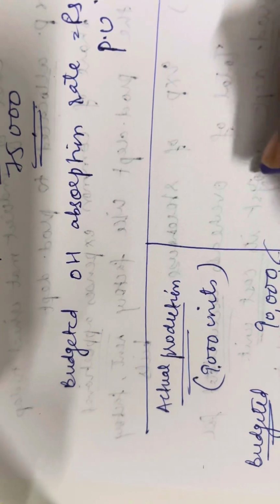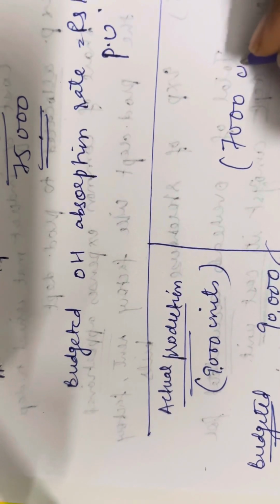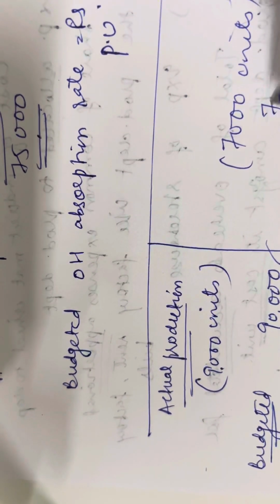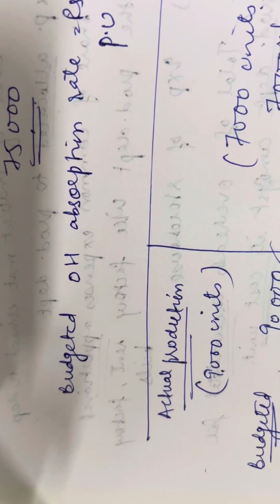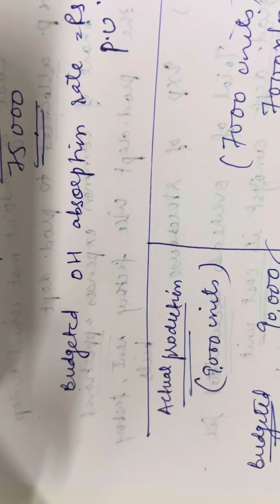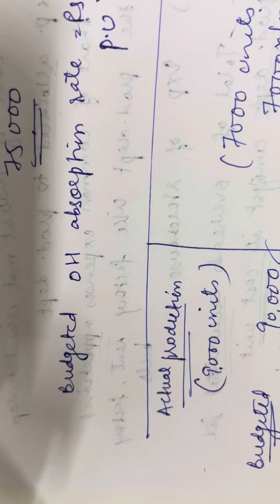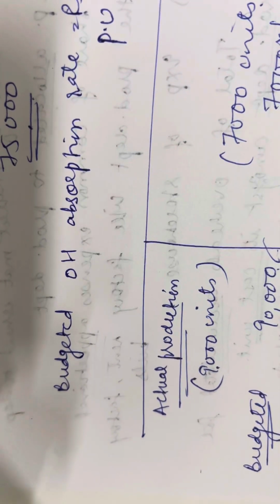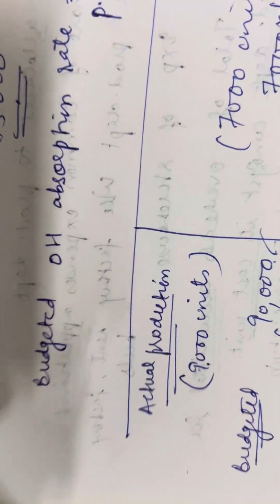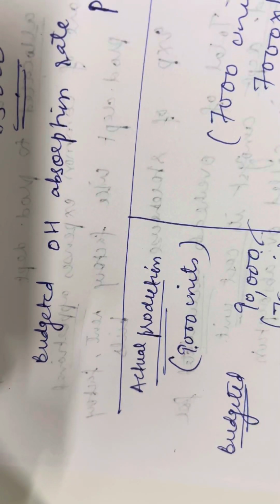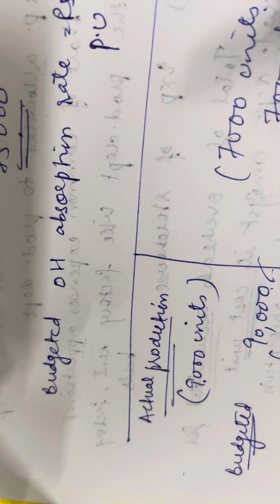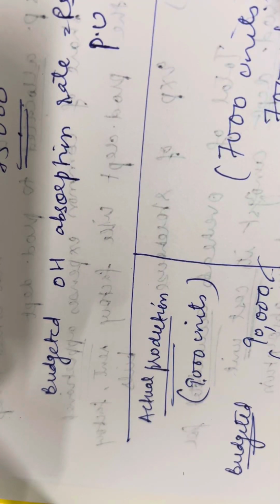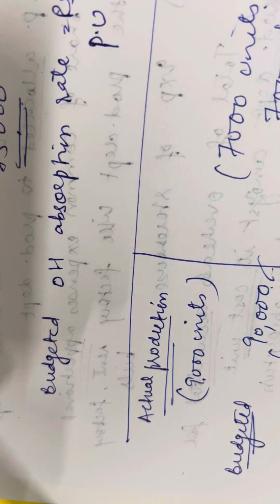And let us assume our production is 7,000 units. For 7,000 into 10, that is 70,000, but actual expenses are 75,000, and in this case 5,000 is under absorbed. So I can say that where the absorbed overhead is equal to the actual overhead, there is no over or under absorption.